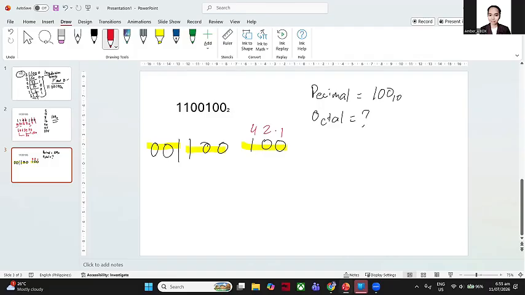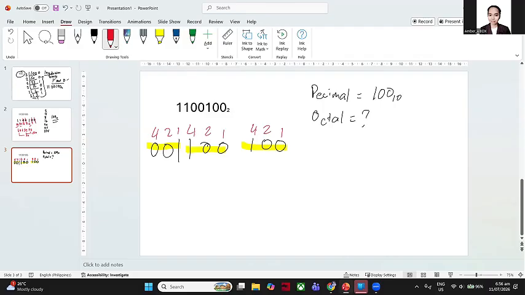Now, as with binary to decimal, we are going to eliminate zeros. So let's put the 1, 2, 4 in our second group and third group.